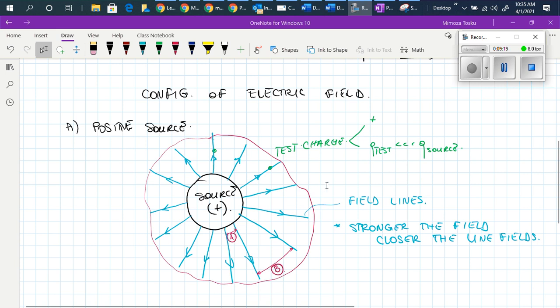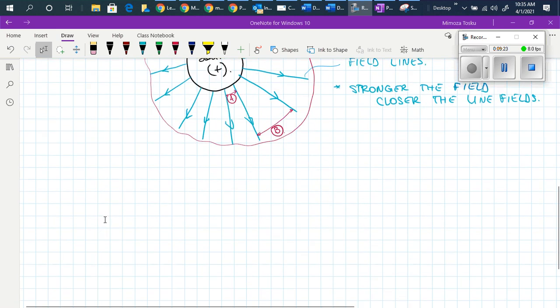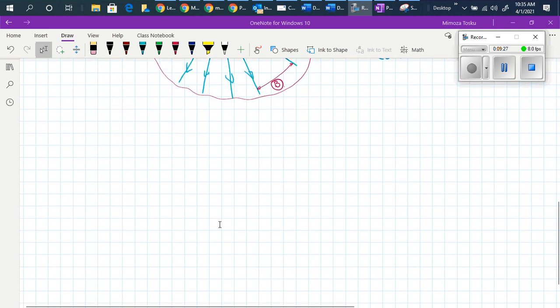Okay, so now let's take a look and see how the electric field strength will look when we have a negative source.